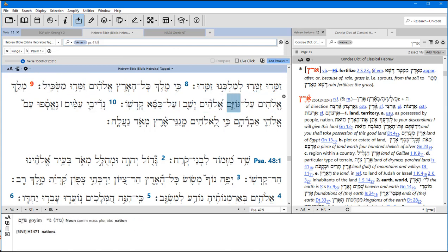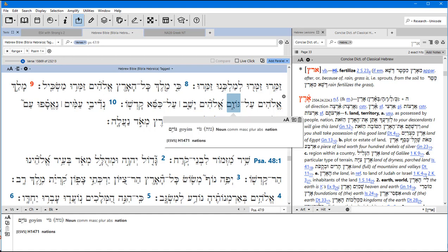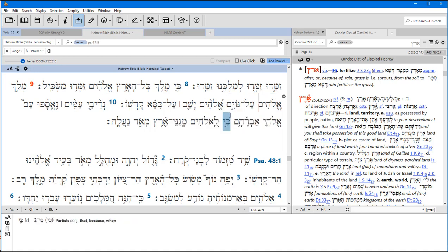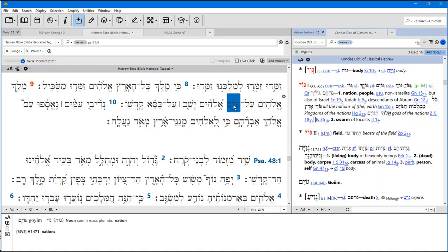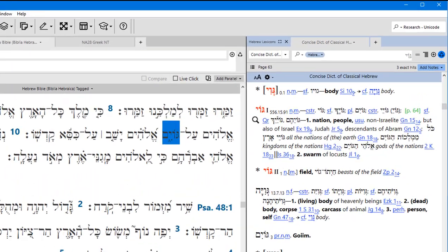We'll come over to Goyim, and I can look at the bottom and it will tell me with the instant details, or I can do a single click and it'll bring up: noun, common, masculine, plural, absolute, means nation. But let's take a look at the lexicon now. So I'm going to do a triple click. 1, 2, 3. My triple click default is the Concise Dictionary of Classical Hebrew. Here's the entry right here.